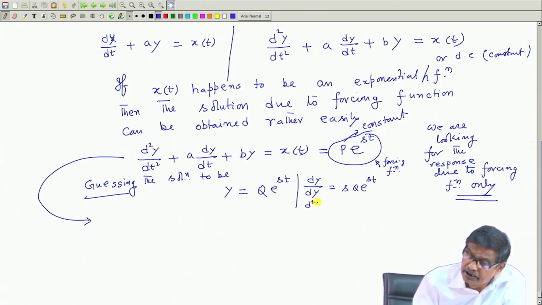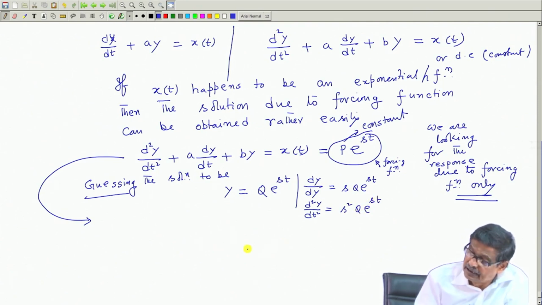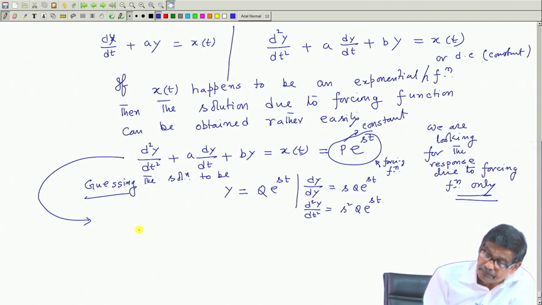And d2y dt2 also I will require. If you differentiate once more, it will be s square q e to the power s t, is it not? Then I put it on the left hand side.